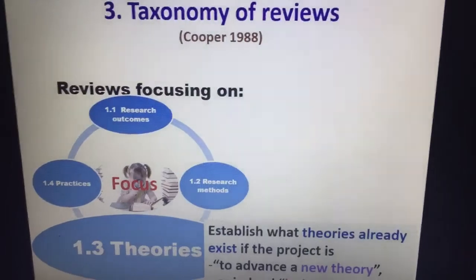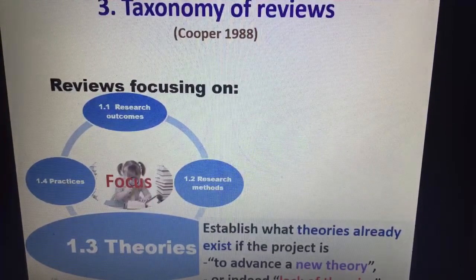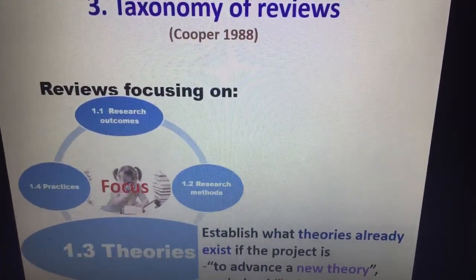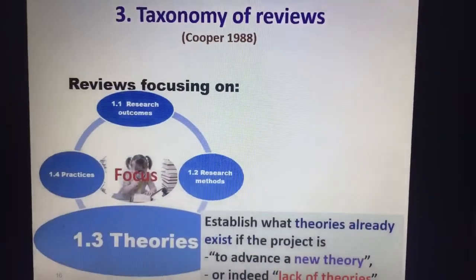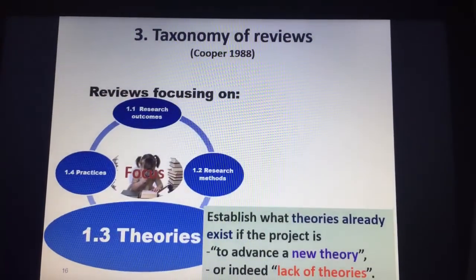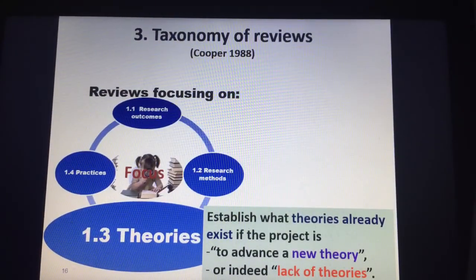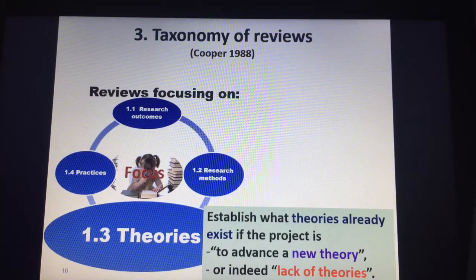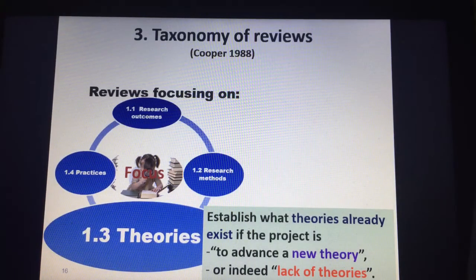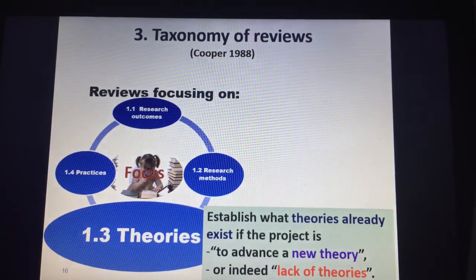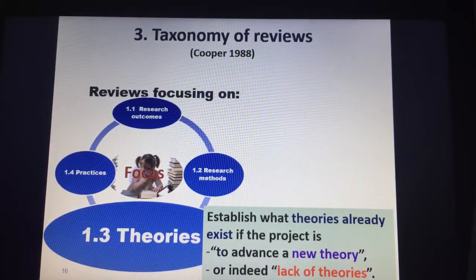Perhaps you want to establish what the new, advanced theories are, or if there is a new theory you want to advance, or you want to see if there is a lack of theories. So your main focus is to see what theories already exist if the project is going to move forward and create a new theory. And also if there is a lack of theories.